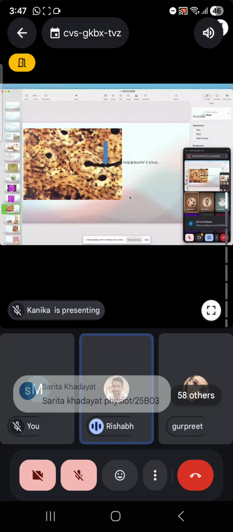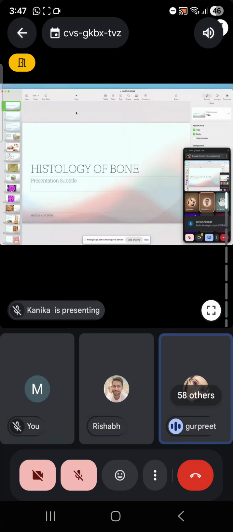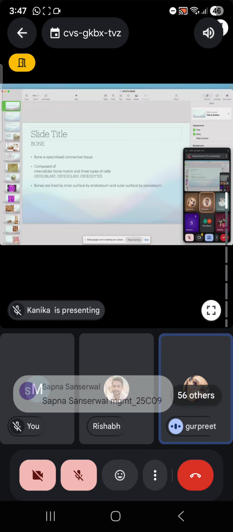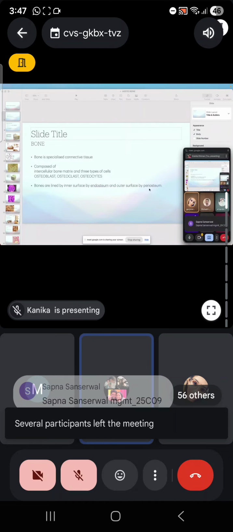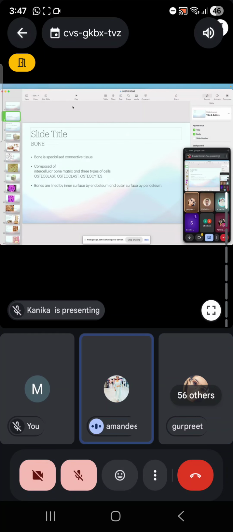You may start with the presentation, and please limit it within 5 minutes. Till then, other people can leave the meeting and rejoin. Am I audible? Yes, Kanika, you are audible, but another person is also speaking. Is it Gurpreet who is speaking?